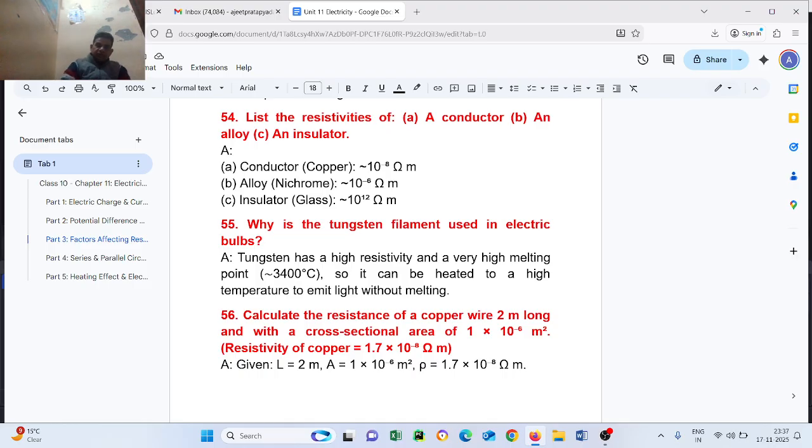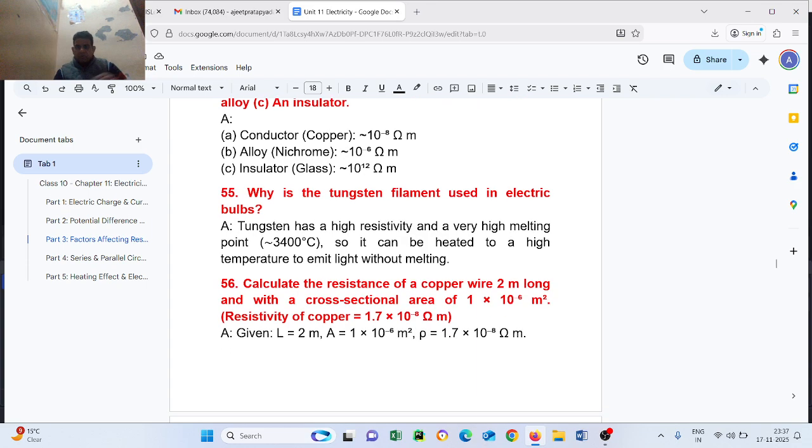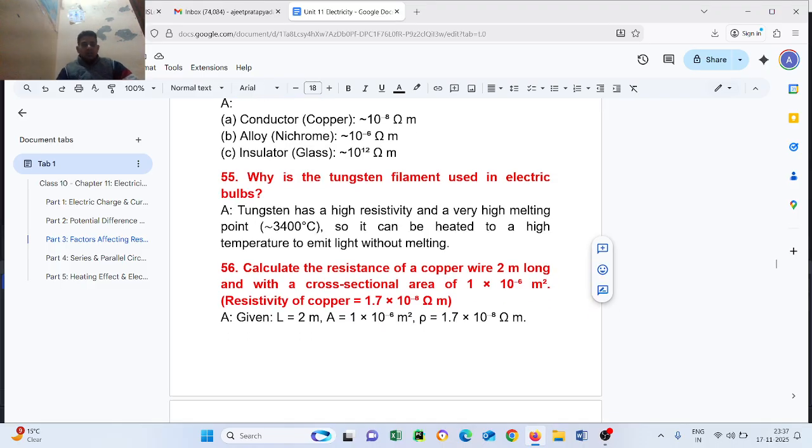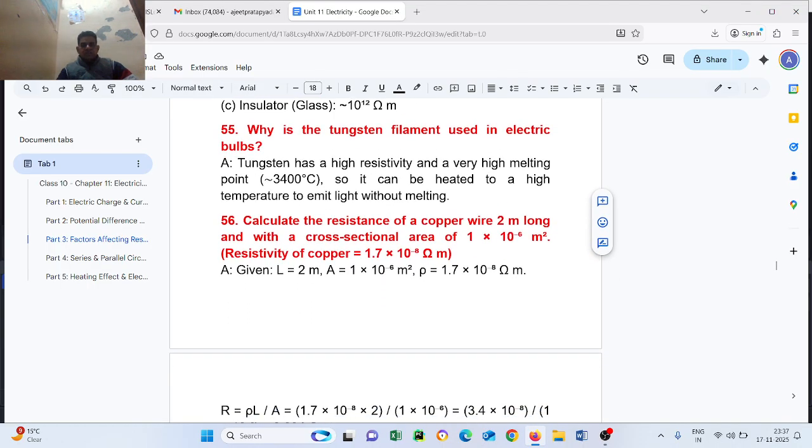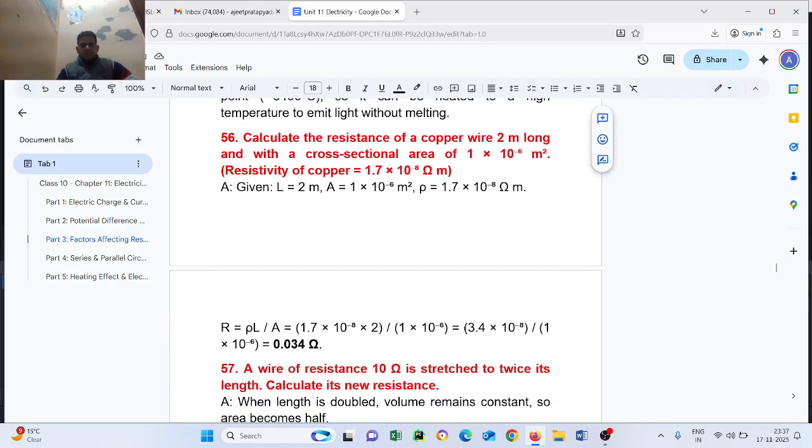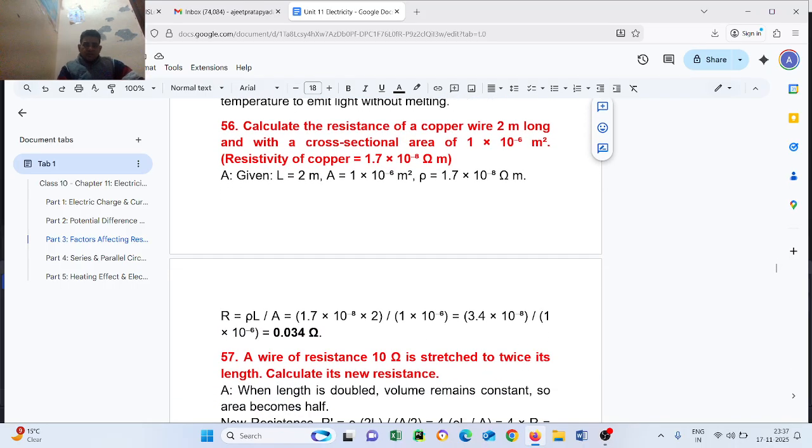Question number 56. Calculate the resistance of a copper wire 2 meter long and with a cross-sectional area of 1 multiplied by 10 to the power minus 6 meter square. Resistivity of copper is 1.7 multiplied by 10 to the power minus 8 ohm meter. Given L equal to 2 meter, A equal to 1 multiplied by 10 to the power minus 6 meter square, rho equal to 1.7 multiplied by 10 to the power minus 8 ohm meter.